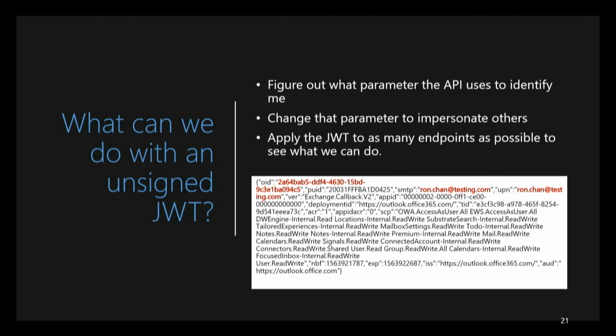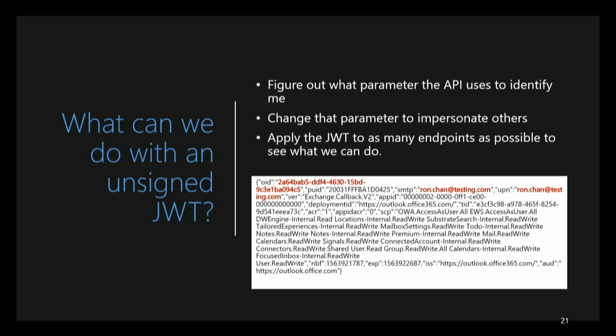And I quickly thought to myself, here's what I'm going to do. First, I need to figure out what parameter the API uses to identify Ron as Ron in this JWT token. Then I will change that parameter to impersonate other users.